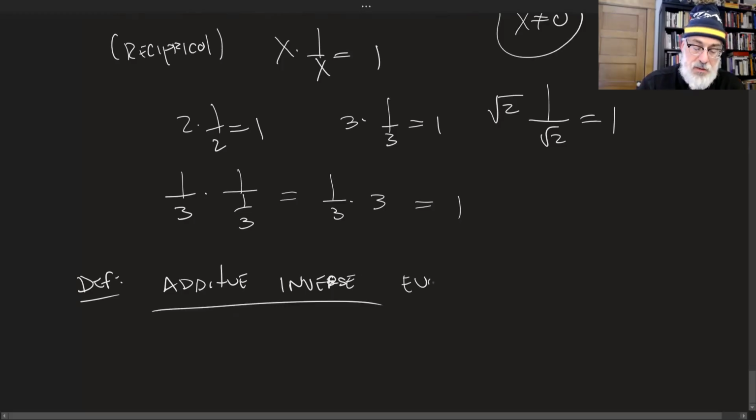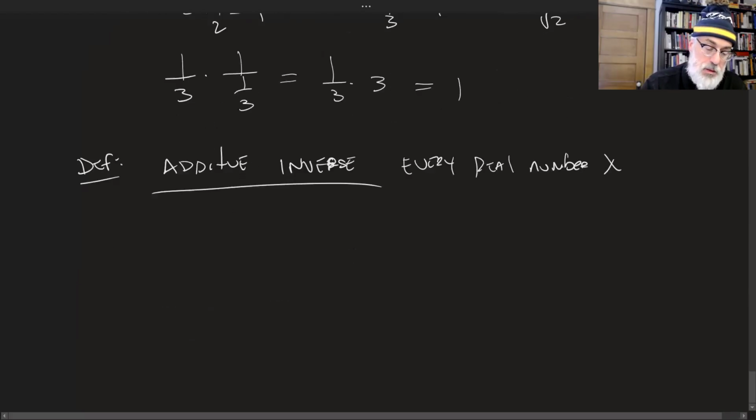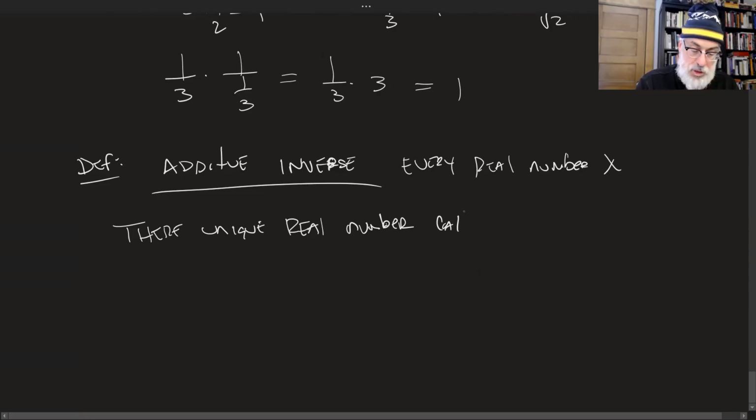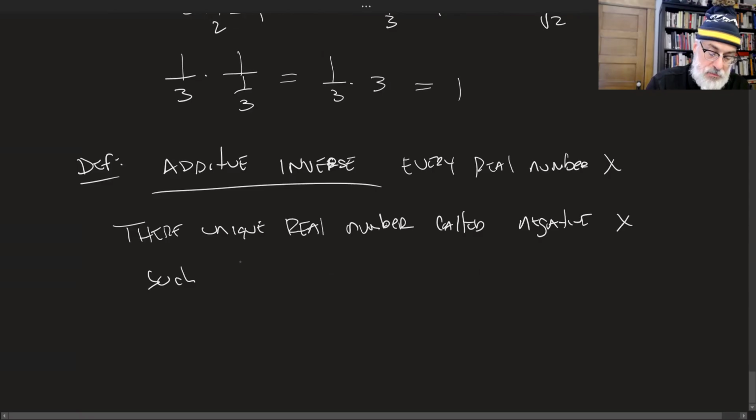So again, for every real number x, there is a unique real number, and we're going to call this negative x, such that x plus negative x is equal to 0.